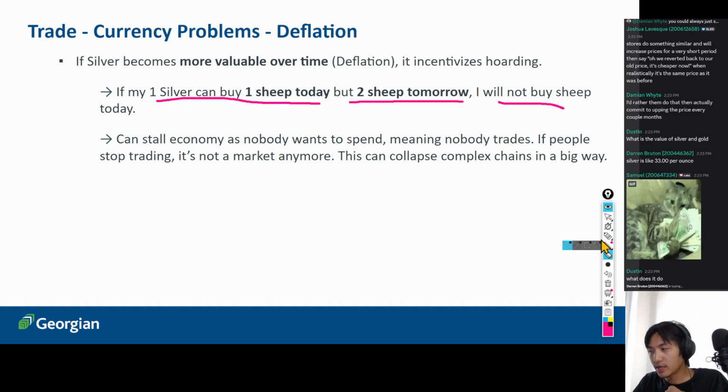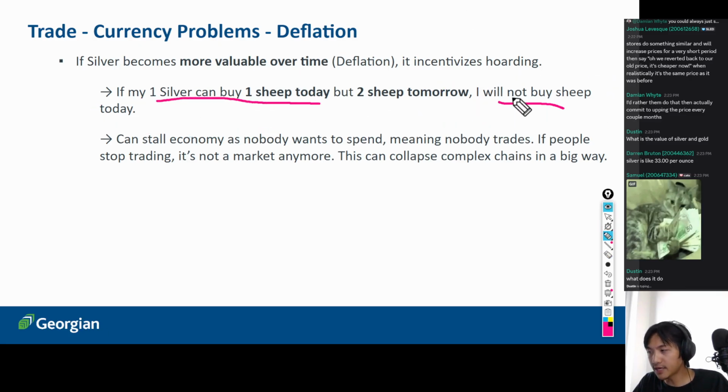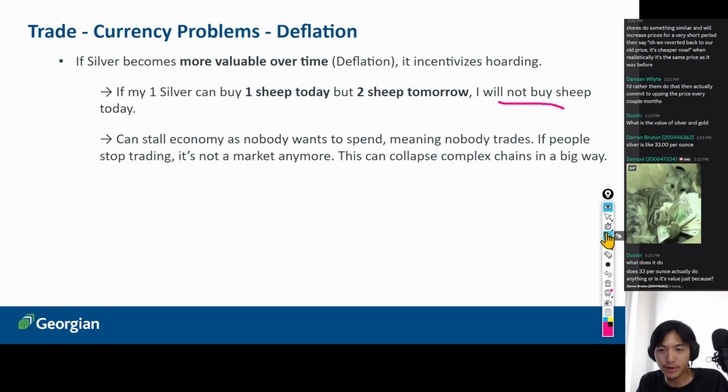If this happens, then nobody is going to buy anything. If nobody buys anything, then nobody makes money. Nobody trades value. I can't trade my resources. I can't get the bricks that I need or whatever, right?